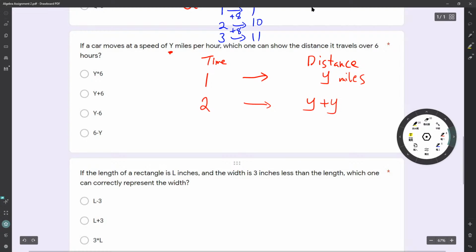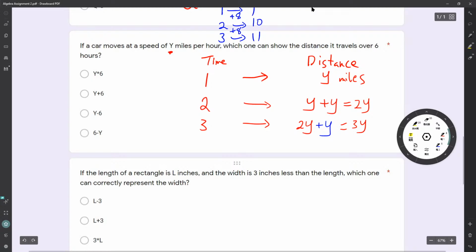Or we can write it as 2 times y. 2 hours, 2 times y. And 3 hours, based on this 2y, you travel another additional y miles in the third hour. Or in other words, we can write it as 3 times y.